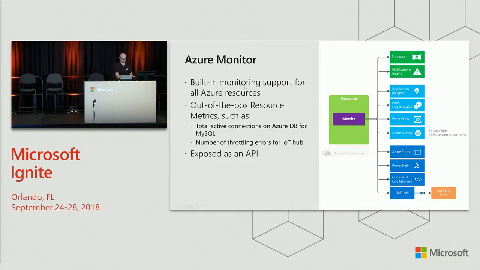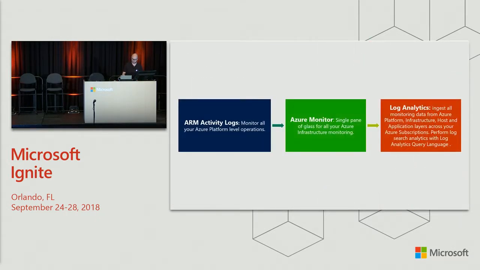All right. So we have the Azure Resource Manager activity logs that monitor all Azure platform level operations. If we combine that data with information from our Azure services in Azure Monitor, we get a lot of different data sources, and we can pull all of this into log analytics.